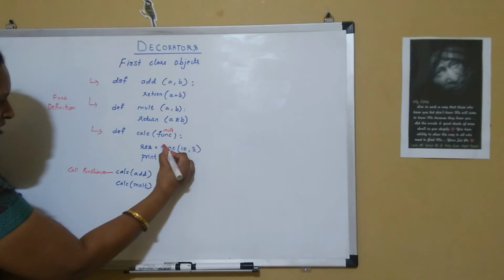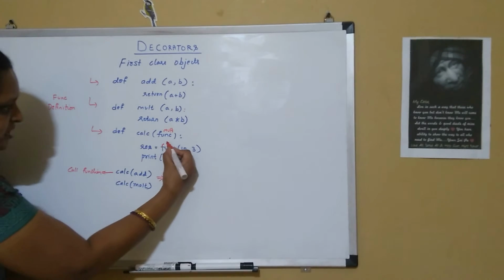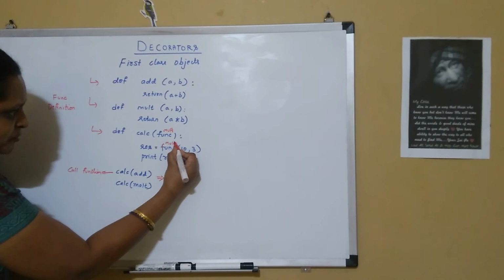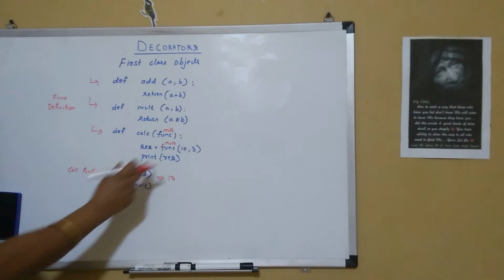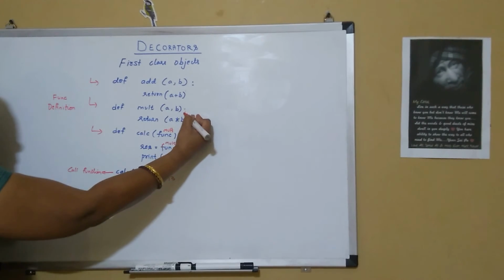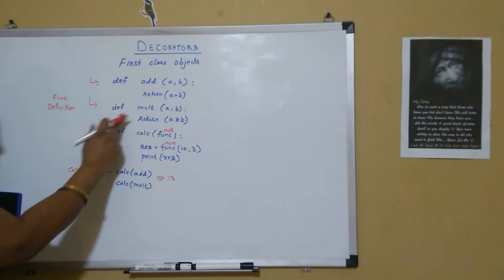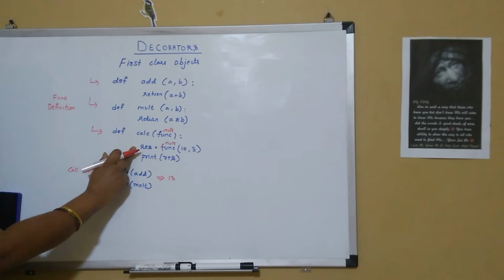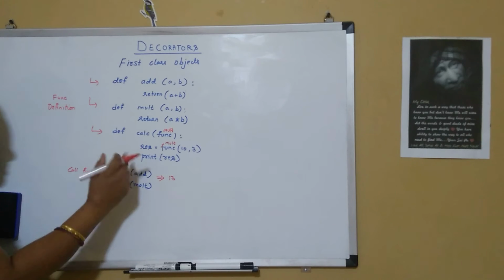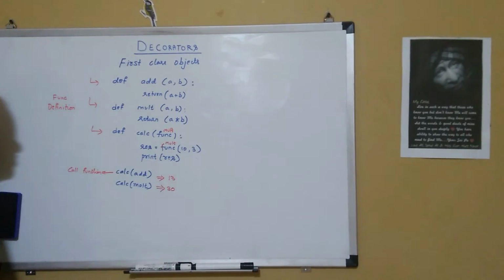Now if I say func 10 comma 3, so func is nothing but equal to mult. Mult 10 comma 3 will call this particular function and it will perform 10 into 3 and return the result to res. And now if I print result, it will print the value 30 on the console.